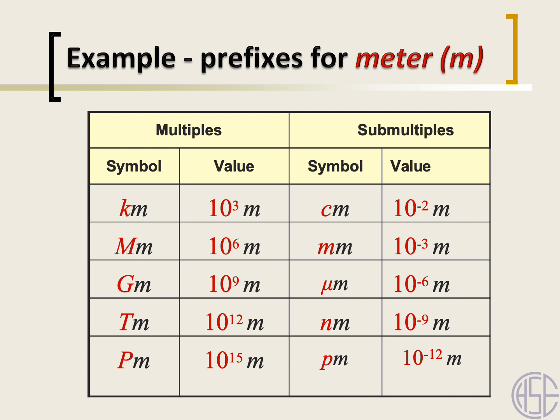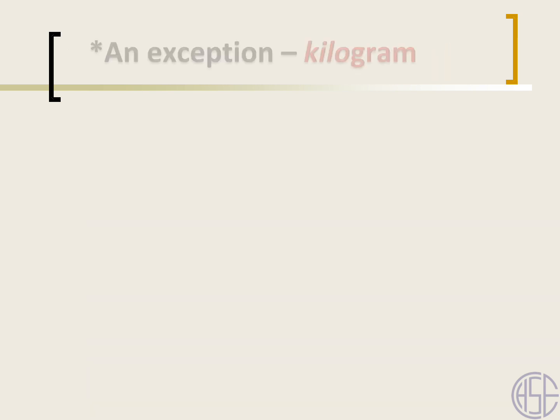But before that, there is one exception, or one quantity which you may get confused about sometimes. Kilogram. In the previous table you have seen kilometer is not the SI unit of distance. Meter is the SI unit, not kilometer. But when it comes to mass, kilogram is the SI unit, not grams.